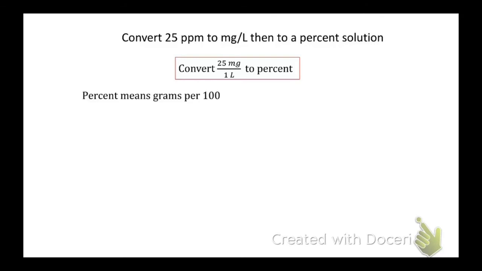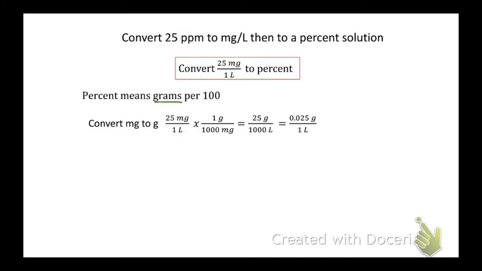Critical to understanding this, you need to remember that percent means grams per 100. And typically in the biology lab, we're talking about grams per 100 mils. So with that in mind, first let's convert milligrams to grams because we are trying to get to grams per 100 ml. So the first part is milligrams to grams.